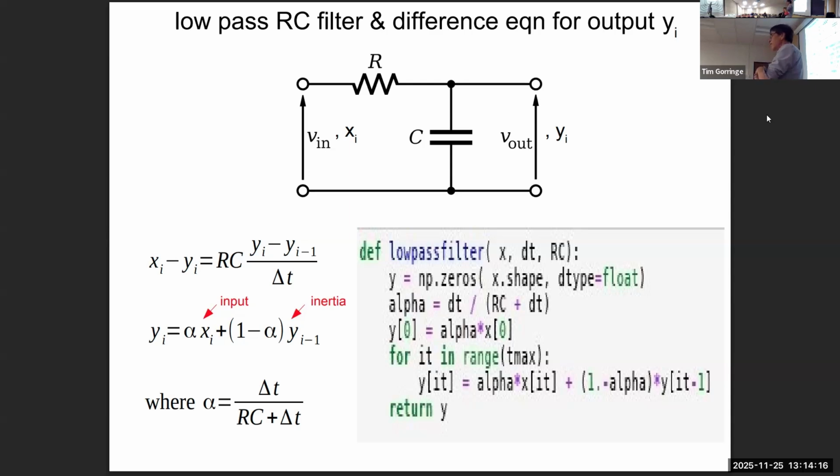Other filters might involve many samples in the history of the input and the output. There are filters called rolling average filters, for example, that may average over many, many samples. So they will be time consuming to implement because you've got to perform a lot of calculations. One thing about these simple RC filters is that they are simple in terms of how many terms they involve. They just involve the current values of the input and the output and the prior values of the input and the output. So they are rather simple and straightforward.